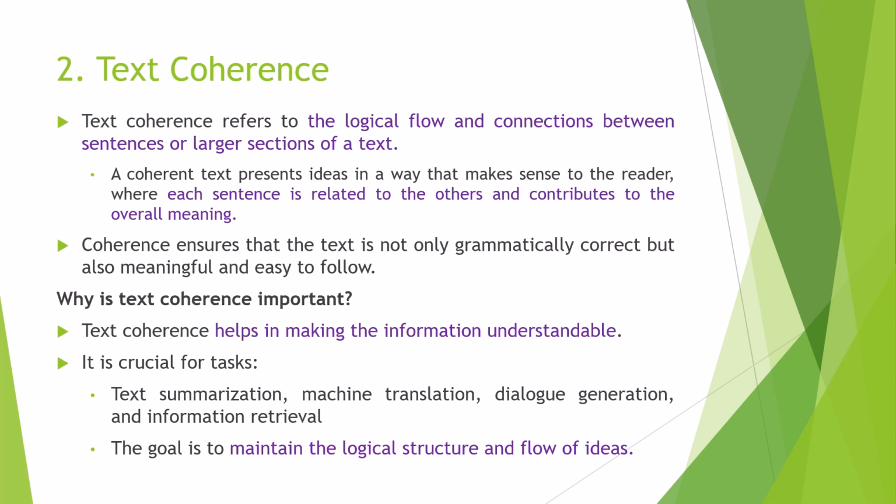Now let us discuss text coherence. Text coherence specifically means the logical flow present in the text and the connections between sentences or large sections of the text. So this helps the readers and the systems to understand ideas and connections between sentences, how they are related to the idea, and helps the system to understand the meaning.